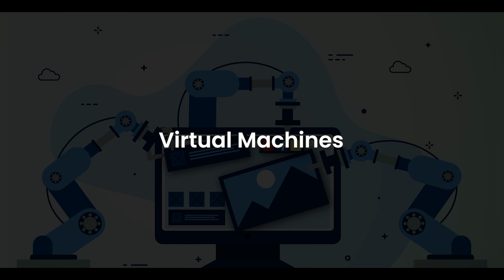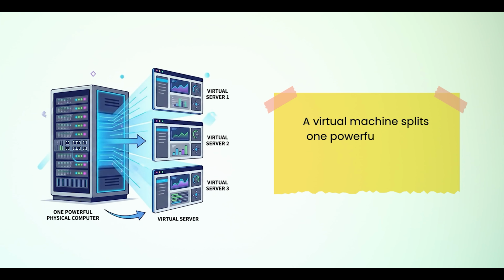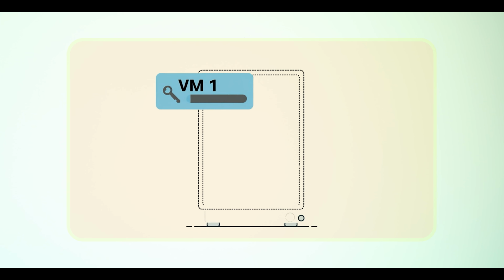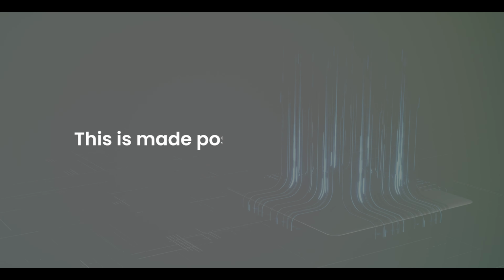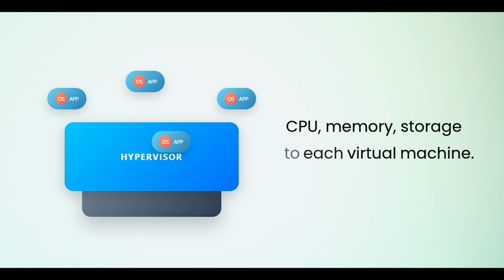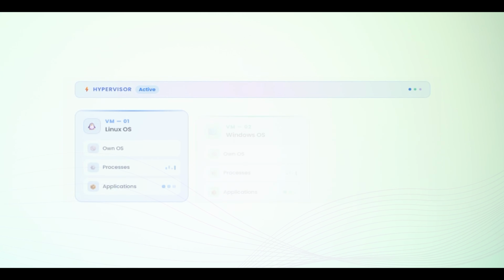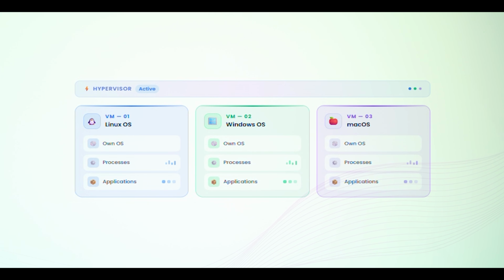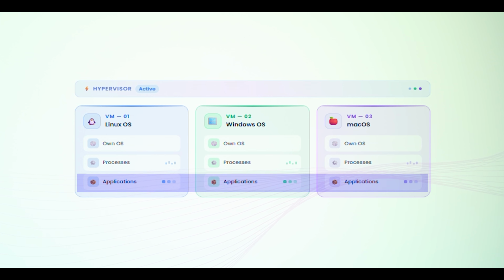Virtual machines. Now let's look at virtual machines. A virtual machine splits one powerful physical computer into multiple virtual servers. Instead of one tenant per machine, you can run many isolated environments on the same hardware. This is made possible by a hypervisor, a software layer that allocates CPU, memory, and storage to each virtual machine. Each virtual machine behaves like an independent server. It has its own operating system, its own processes, its own applications.